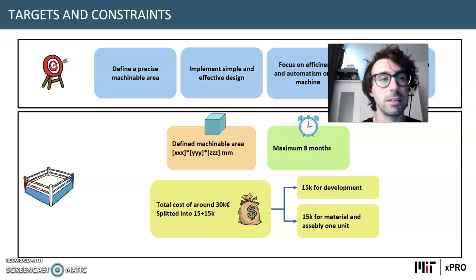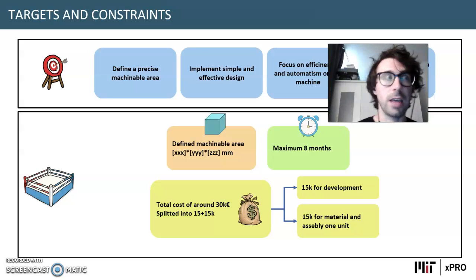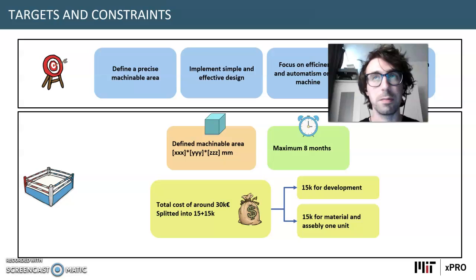So the target is to define a precise machinable area, so x, y, z of the area which can be useful to produce a component, and this has to cover 80% of the possible components produced in this area.